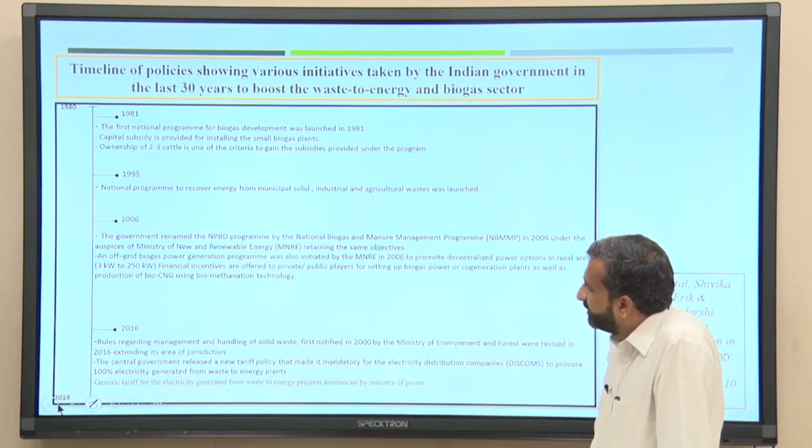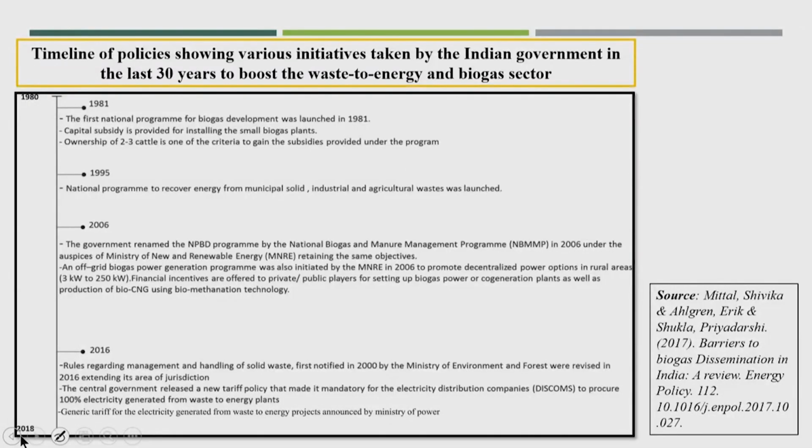In 1995, a national program to recover energy from municipal, solid, industrial and agricultural waste was launched, and in 2006 an off-grid biogas power generation program was initiated by the Ministry of Renewable Energy.